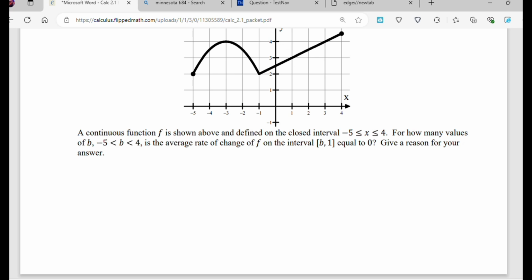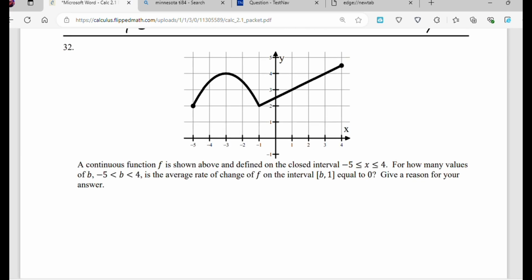All right. And finally, our last question is: a continuous function f is shown above and defined on the closed interval -5 to 4. For how many values of b, from -5 less than b less than 4, is the average rate of change of f on the interval b to 1 equal to 0?